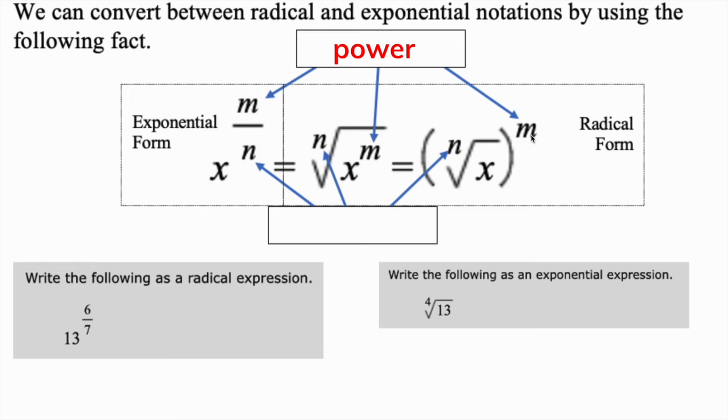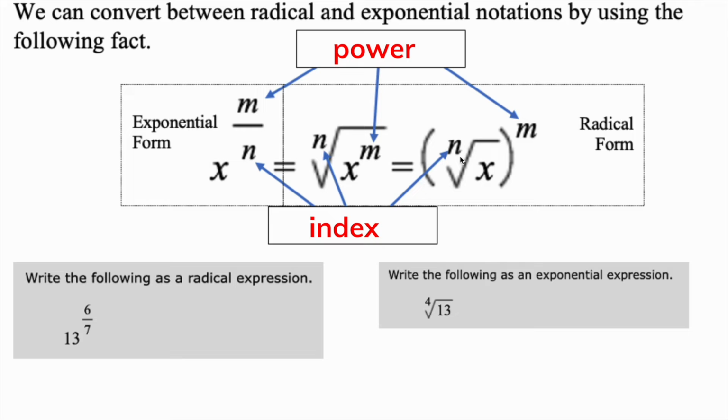Now, if it's outside of the parentheses, then it's going to be outside and on top instead of right next to it, but it's still applied the same way as if it's right next to it. So that's the power. And on the bottom, this is what we call the index or the root. Okay, so this is the root that we're taking. So if you see it in a fraction, it's the denominator, or it's going to be indicated in front of the little radical sign.